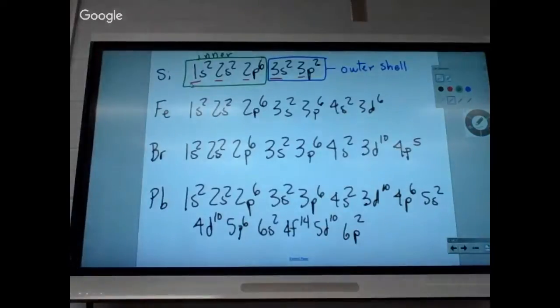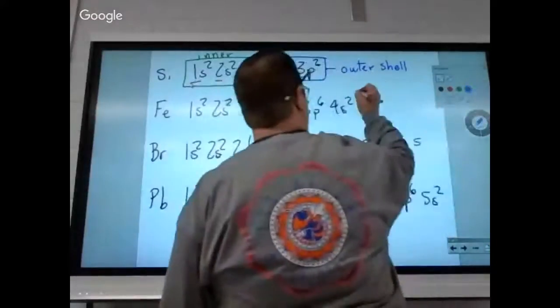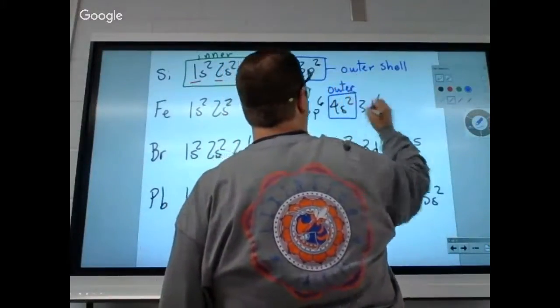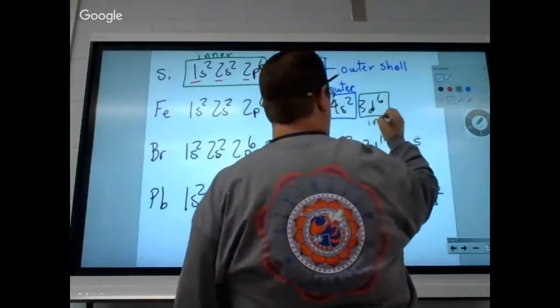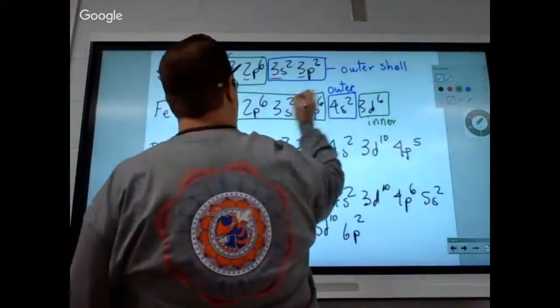Now, when you look at iron, what's the biggest coefficient you see? That means this is the outer, and that means this is inner, and all of this is inner.